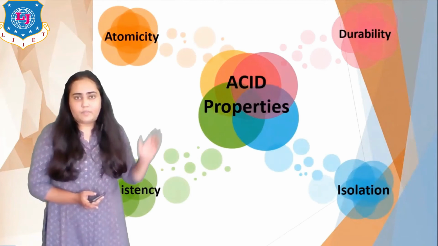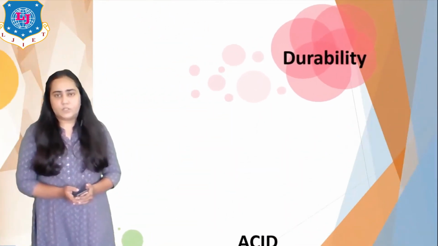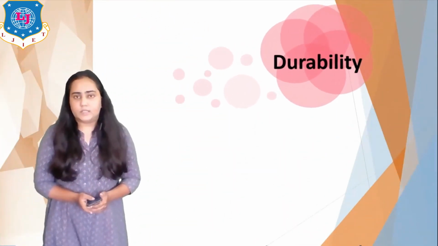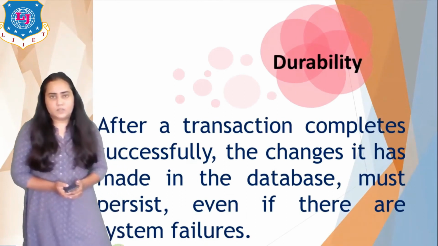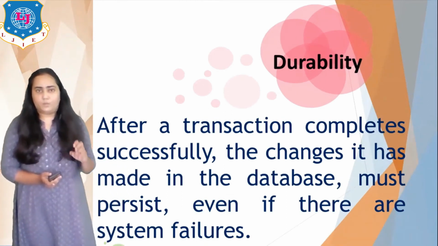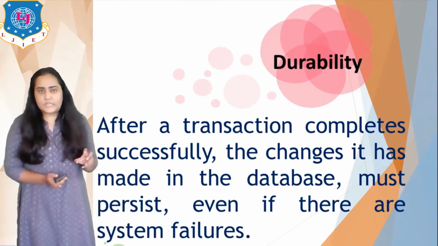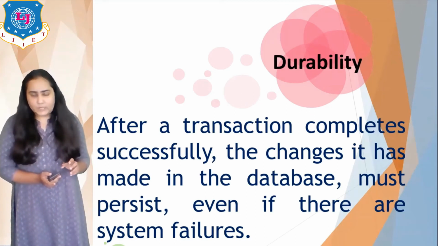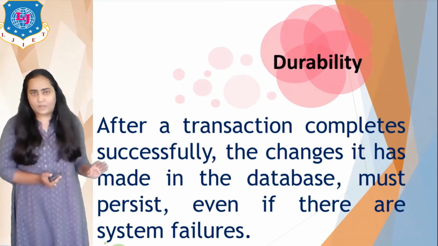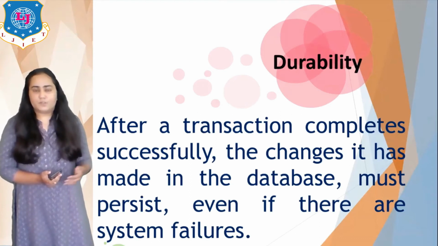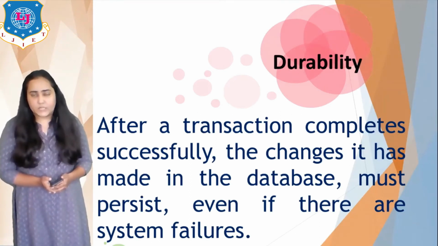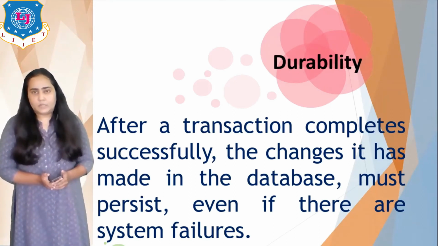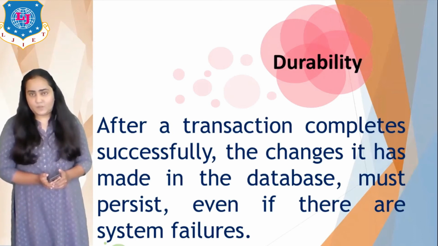Now let's take a look at the fourth property, which is called durability. And as the name suggests, this is where we ensure that all the data that the transaction has manipulated remains that way in the system. So after a transaction is completed successfully, all the changes that were made in the database must persist.